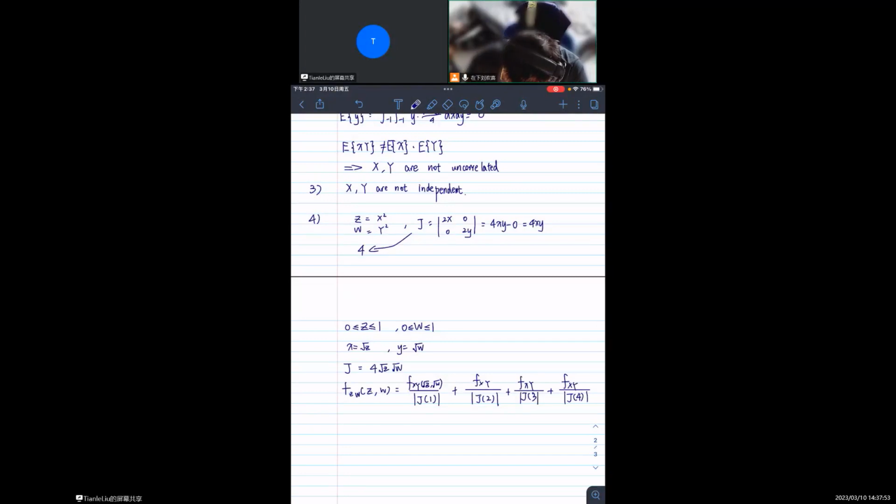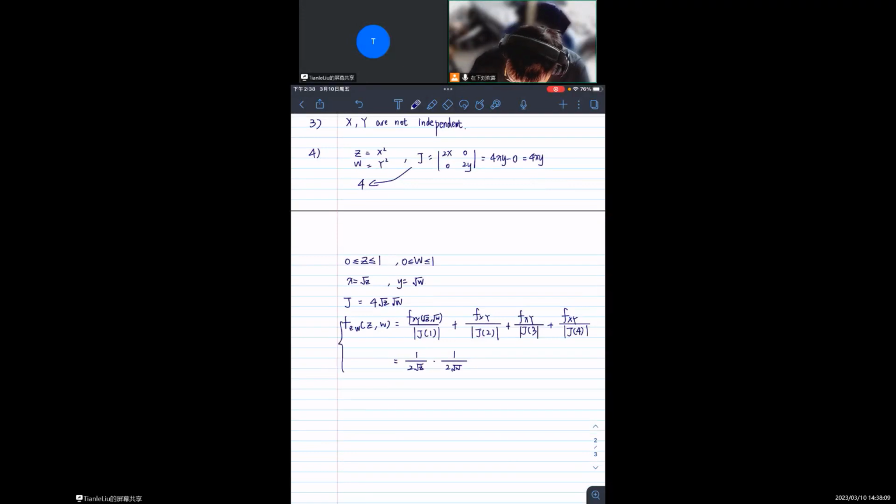Based on this and the clues, we will directly get 1 over 2 square root of Z and 1 over 2 square root of W. This is the answer for f_ZW when Z and W satisfy this range, this domain, and 0 otherwise. And that's it for problem 4.